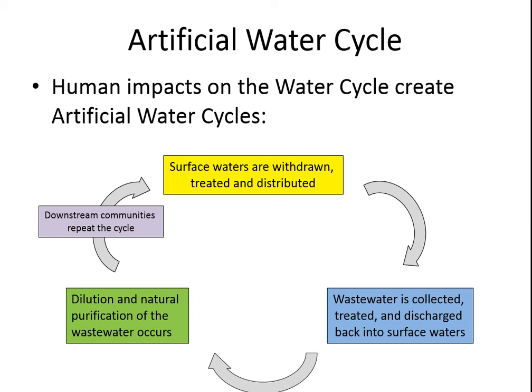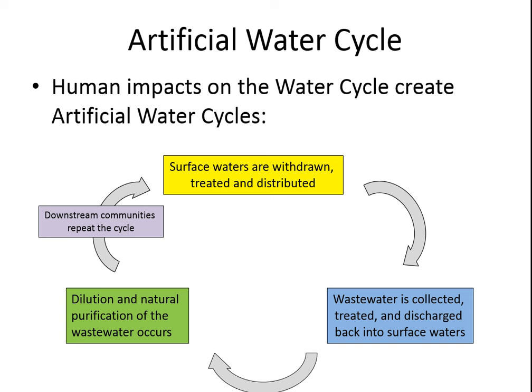Now, this use of water by humans creates what we call an artificial water cycle. So rather than the natural water cycle of water evaporating, condensing, precipitating, and rejoining that normal supply of water, we see that water is cycling through our environments or our ecosystem in a different way, where it's actually cycling through urban areas or industrialized areas and being returned to the water supply.